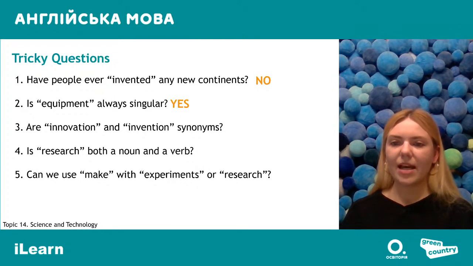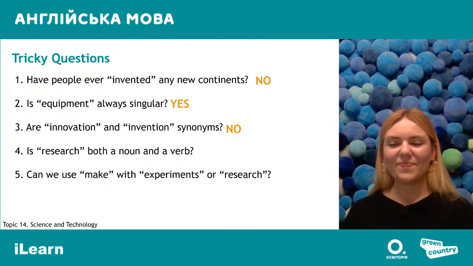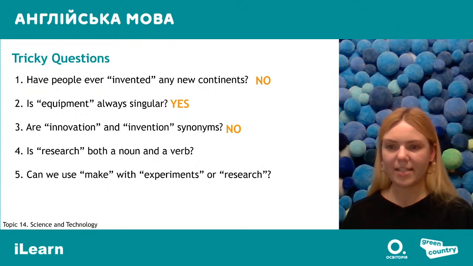Number 3, are innovation and invention synonyms? And surely no. So they are not. Innovation, that is something that is newer, that is better than the old version of something. And invention, it is something absolutely new, something created for the first time.